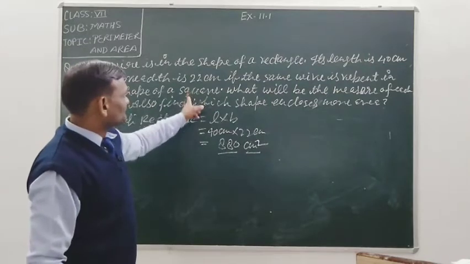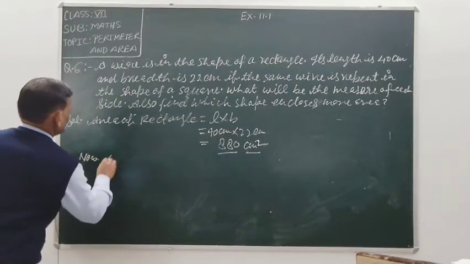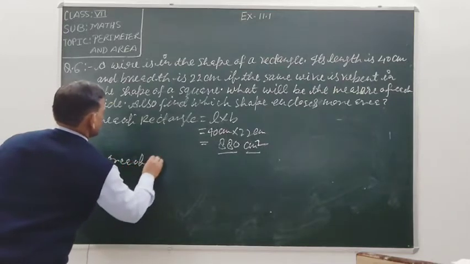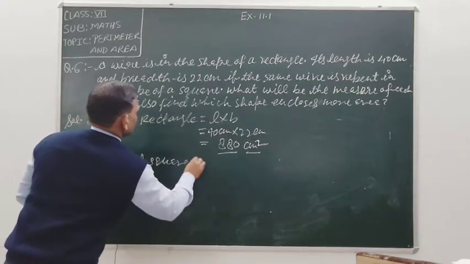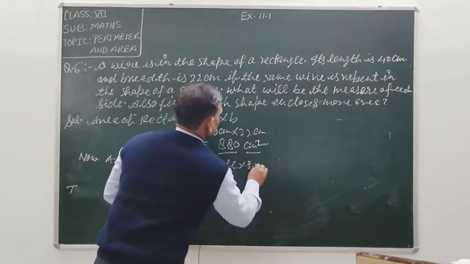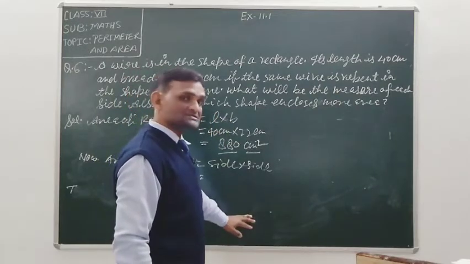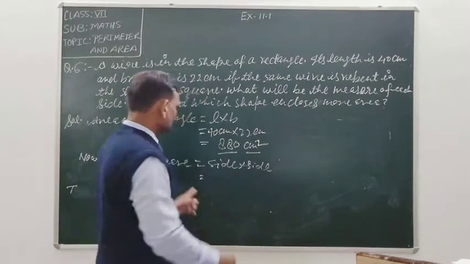Now find the area of the square. Area of square is equal to side into side. So in first part you have find out the side of the square, 31 centimeter.